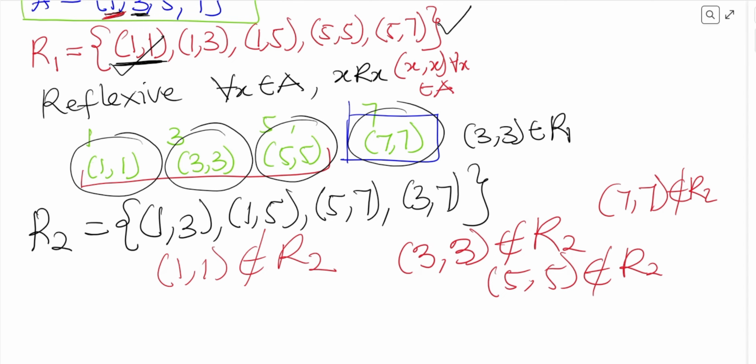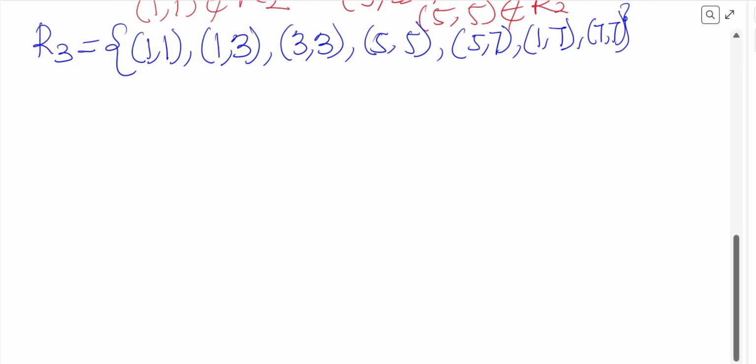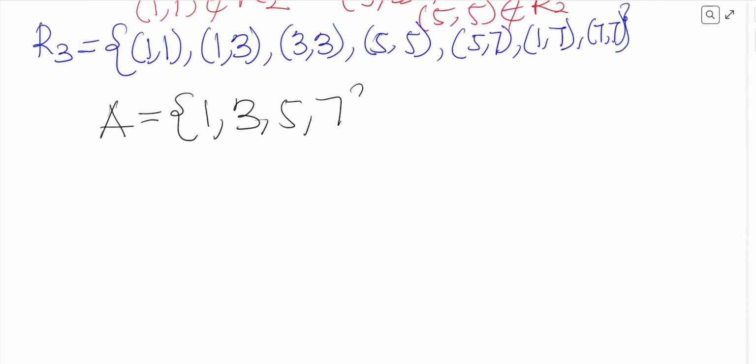Let's take another example. Given R3 on the same set A as we have this. And bear in mind that our set A is given to be 1, 3, 5, 7. So like I said, we are expecting that for R3 to be reflexive, we need to get each element of the set A mapping to itself.